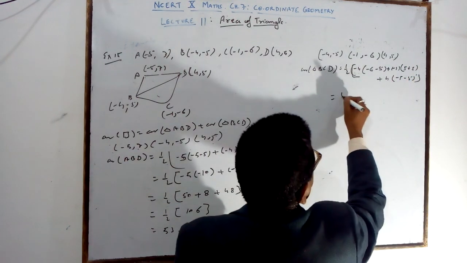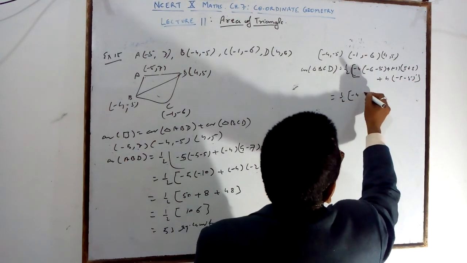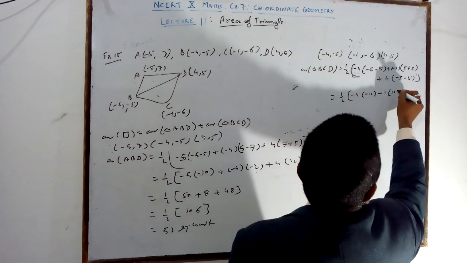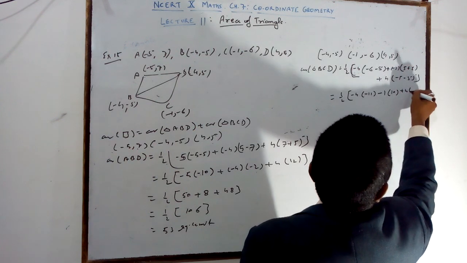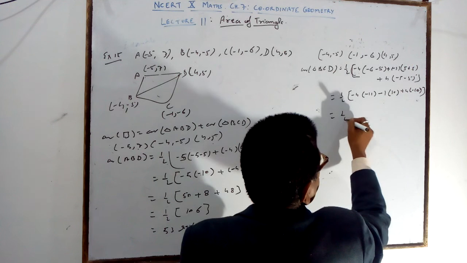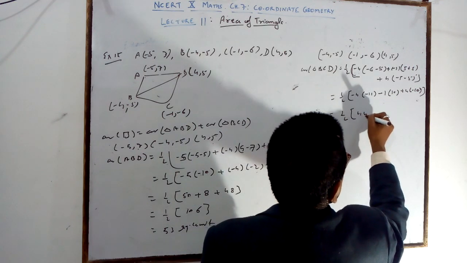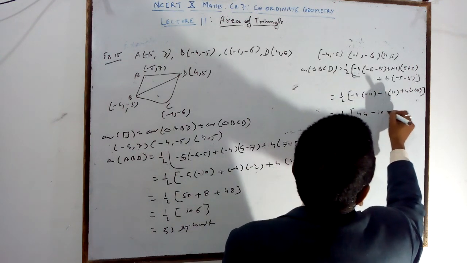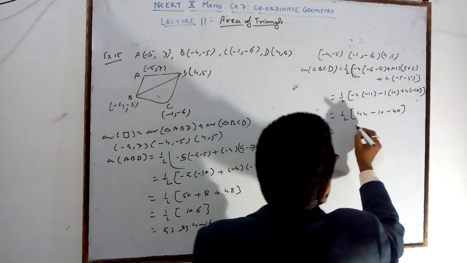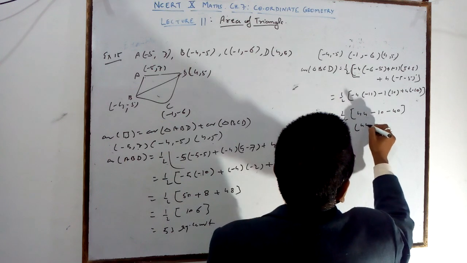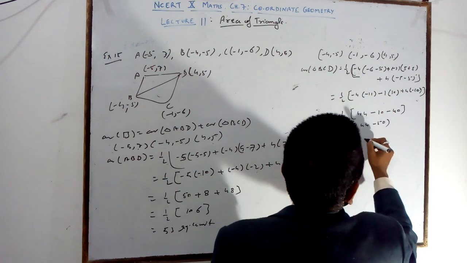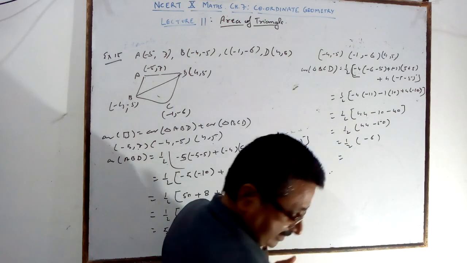So half minus 4 into minus 11, minus 1 into 10, plus 4 into minus 10. That is 44 minus 10 minus 40, so half of 44 minus 50 gives minus 6, that is minus 3 square unit.